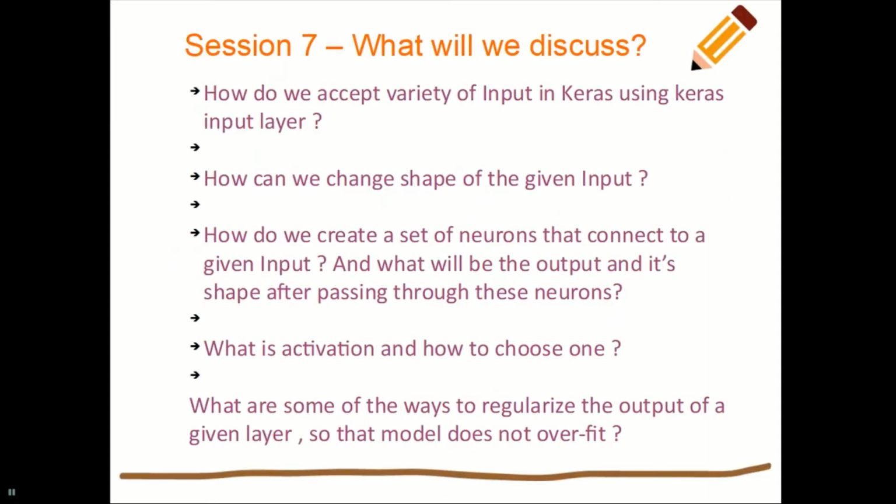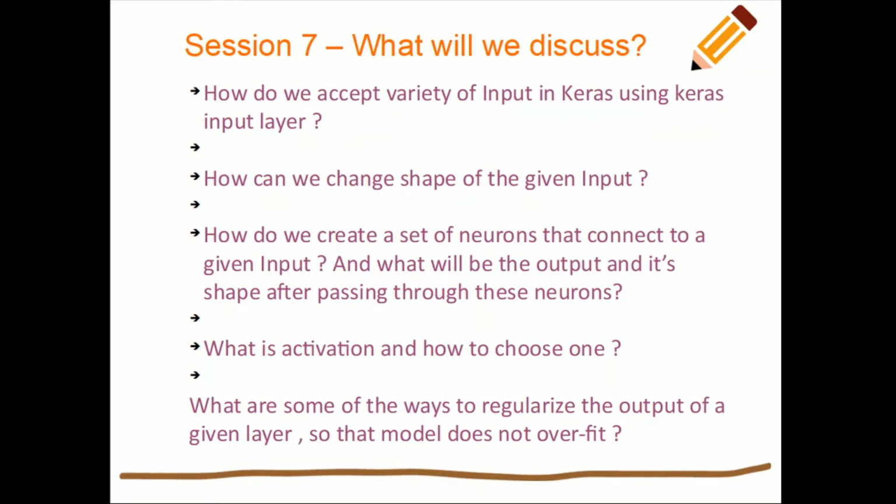So in this video, the seventh in the series, we are going to explore a few questions about Keras core layers. To be more specific: how we can accept a variety of inputs in Keras using the Keras input layer, how we can change the shape of the given input if required, and how we can create a set of neurons, that is, a layer that connects to a given input, and what the output of the layer and its shape will be after passing through all these neurons.